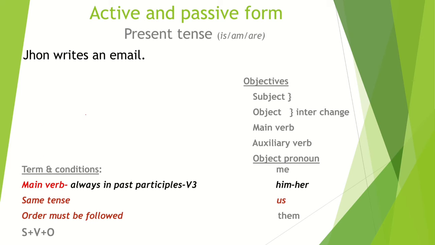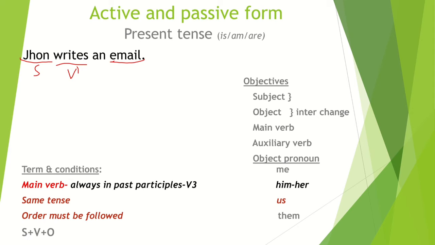So, I have written here, writes. Okay? Now, John is our subject and email is our object and writes is our verb in the first form, that is verb 1.